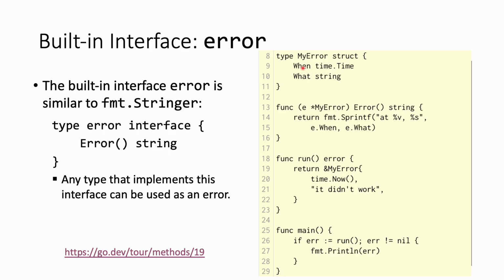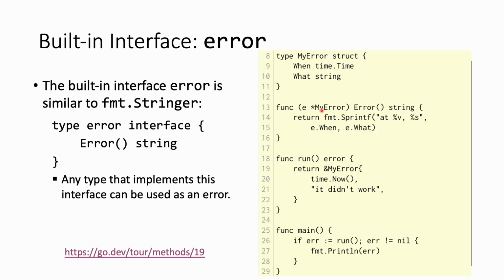It's supposed to store the time at which the error occurs. The field What is a string which is supposed to be a description of the problem. Then we implement the Error method on MyError struct. This method definition simply returns a formatted string with the fields When and What of the pointer receiver.